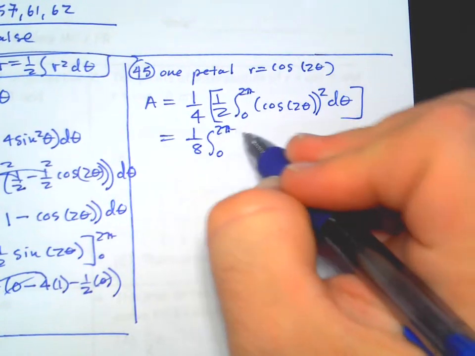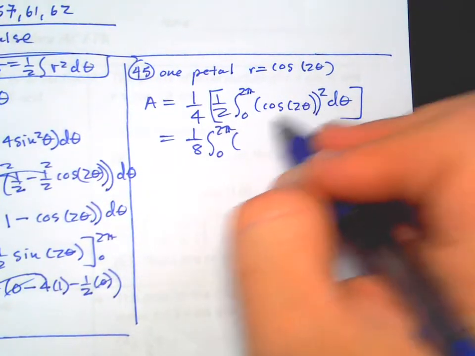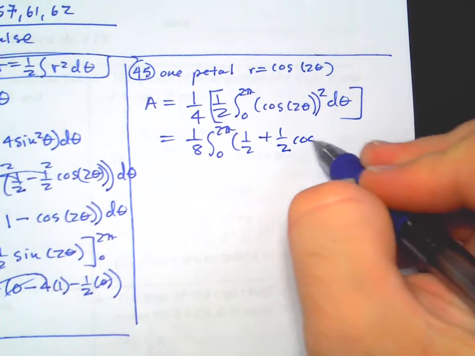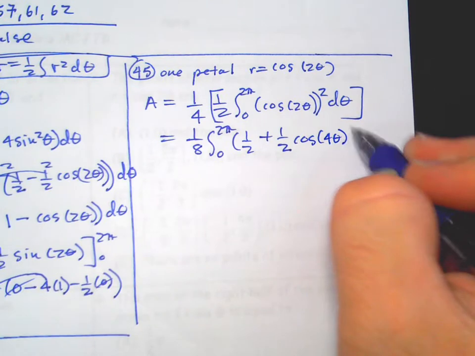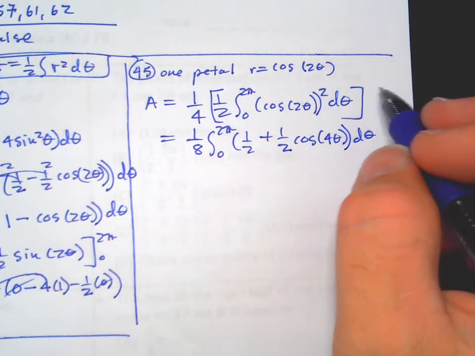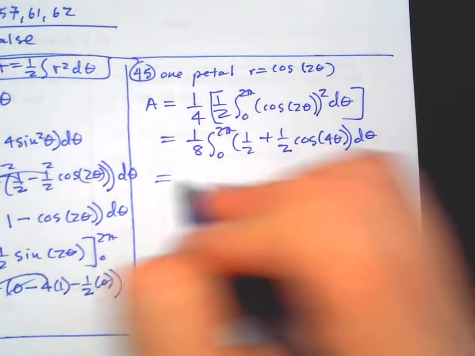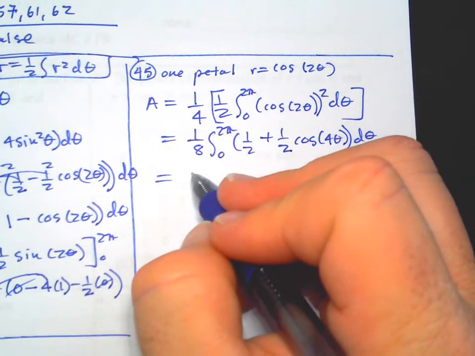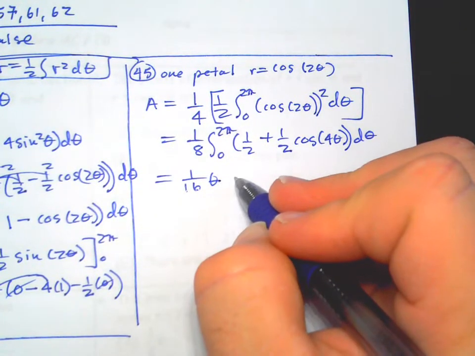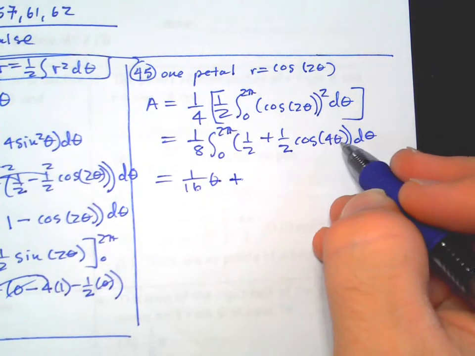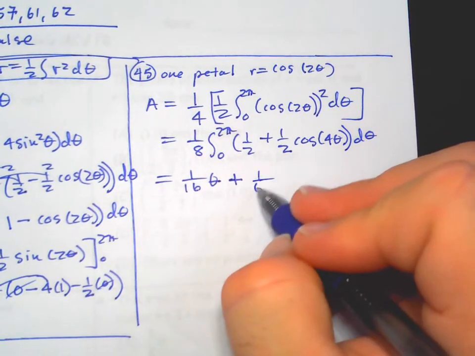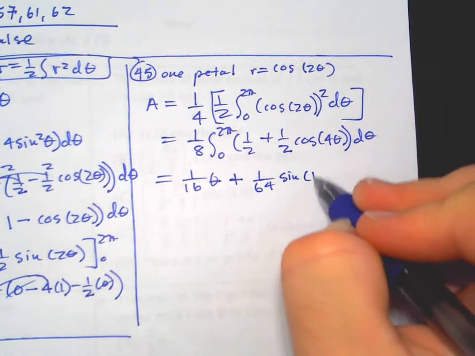Now we want to go ahead and replace this cosine squared with 1/2 plus 1/2 cosine double angle. Now it's going to be a 4 theta because there's already a 2 theta there. It's double whatever's in there already. So, I mean, we could distribute this 1/8 if you want. This is going to be 1/16 theta plus 1/64 sine 4 theta.